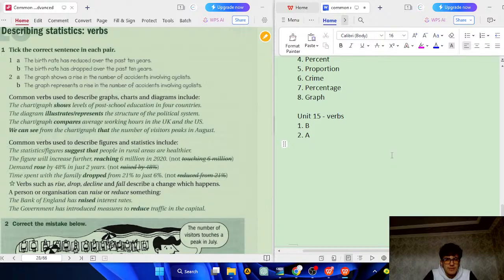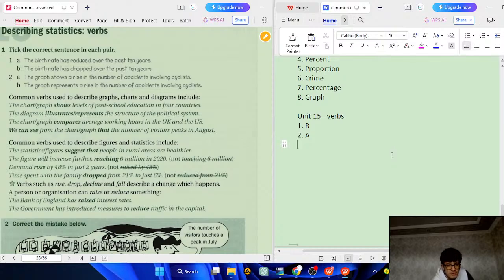The diagram illustrates or represents the structure of the political system. The chart or graph compares average working hours in the UK and the US. We can see from the chart or graph that the number of visitors peaks in August. Illustrate, present, diagram.